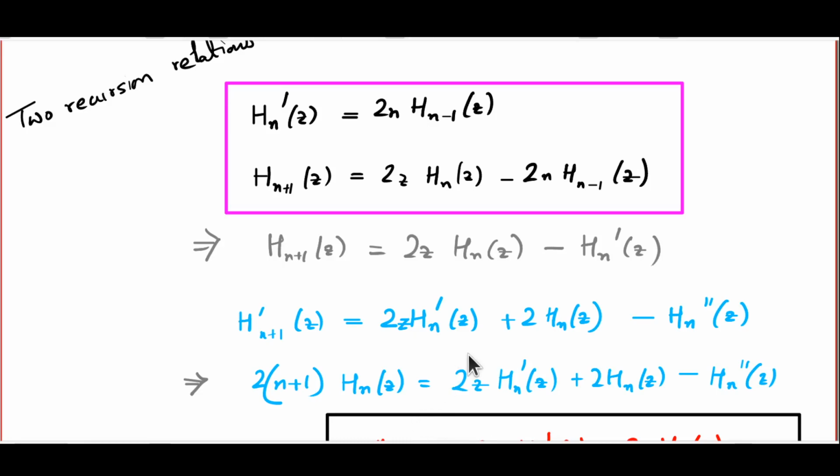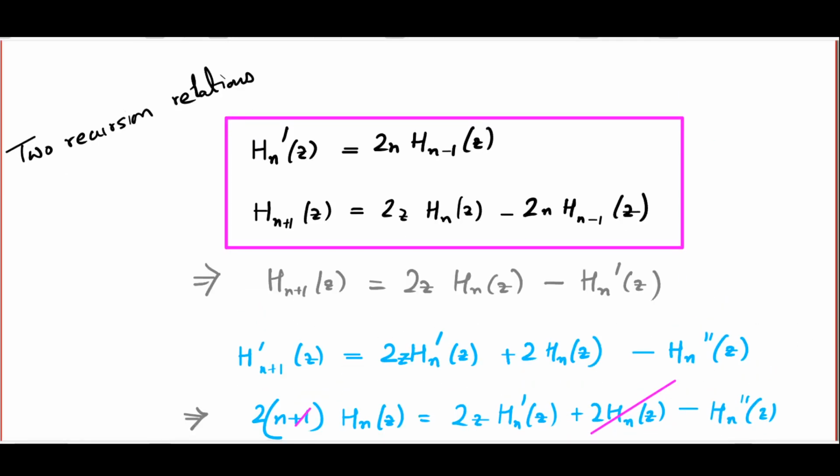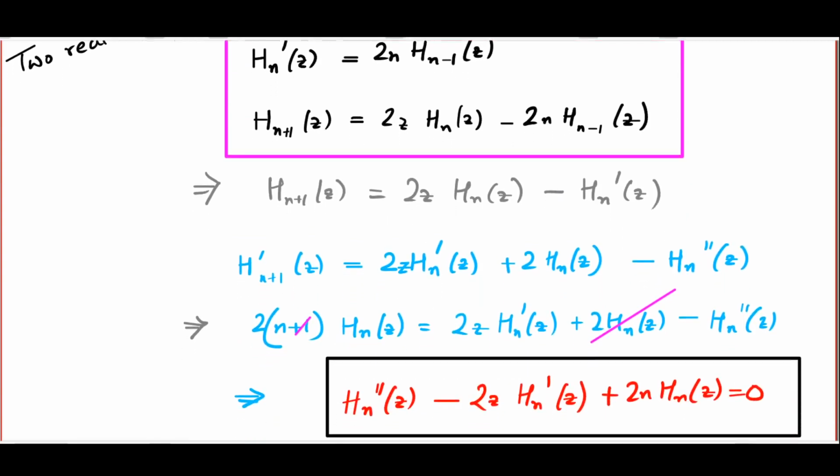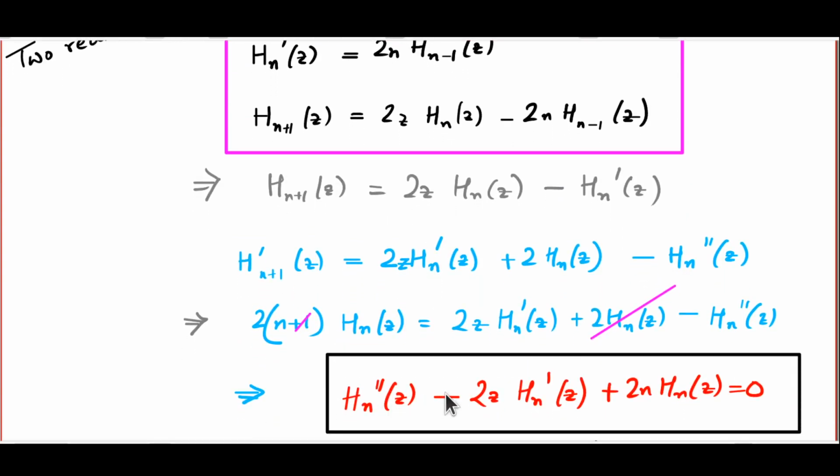And now we simply cancel out the 2h_n(z) here with the 2h_n(z) that I will get from this term. Bring everything to one side and we see that h_n(z) obeys this second order differential equation, which is the Hermite differential equation.